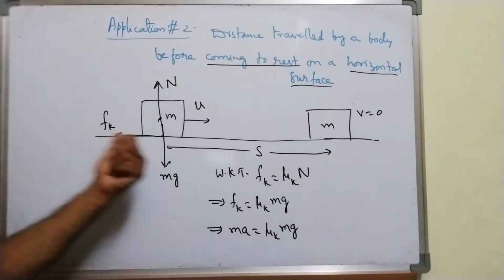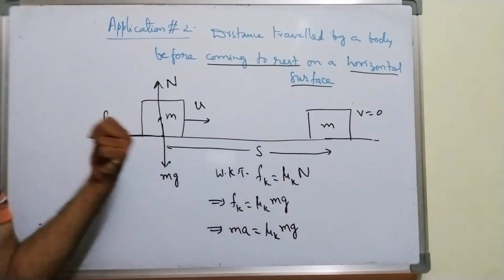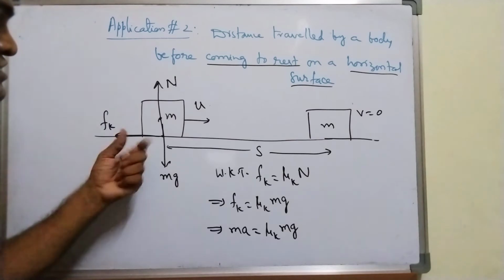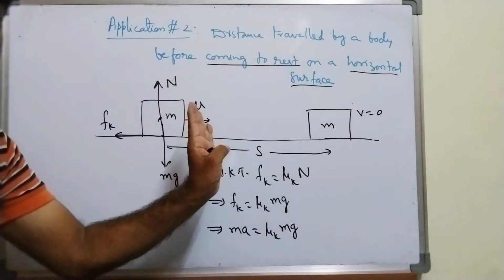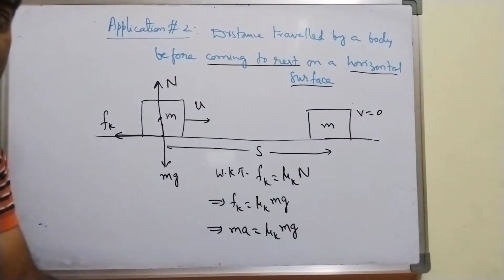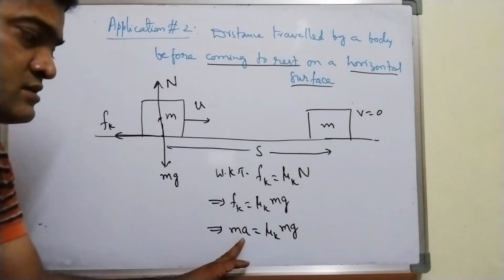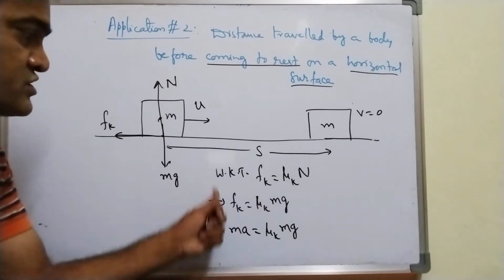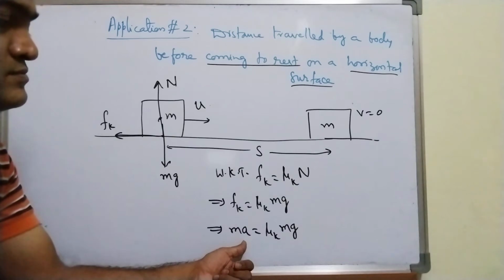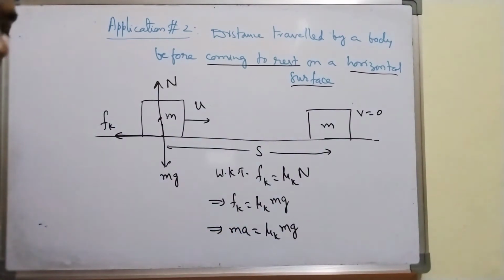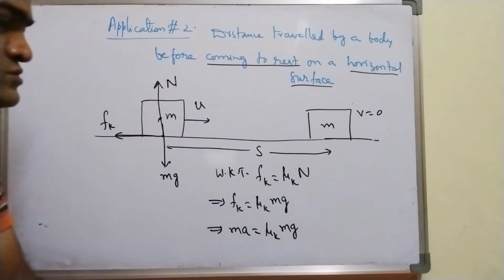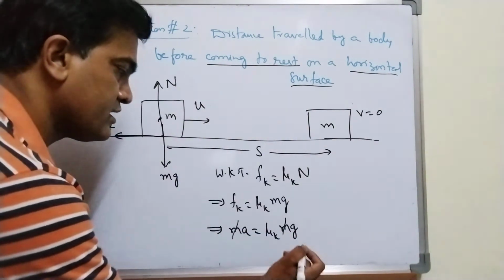There is only one force acting in the opposite direction. There is no external force at all. So due to frictional force, the block is decelerating, because friction is acting in the opposite direction. Mass into deceleration gives mu k into m, so I can cancel m.